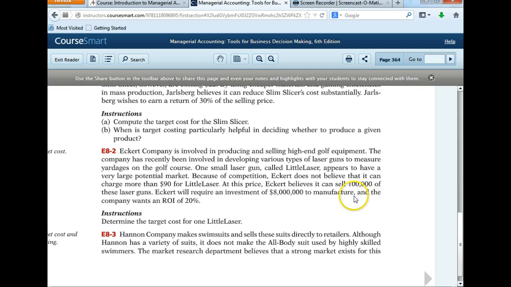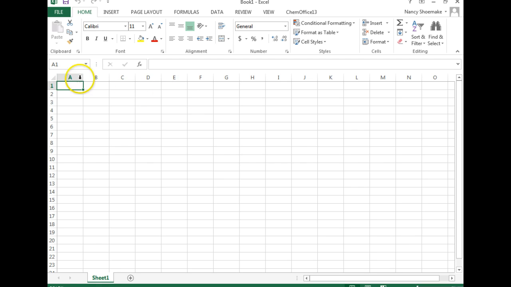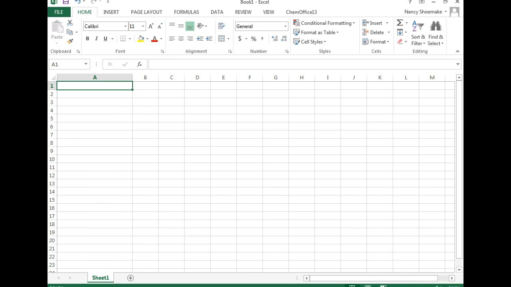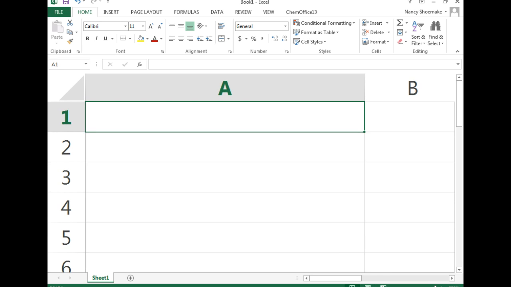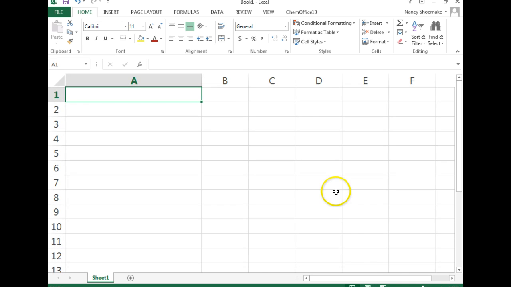So it wants a return of 20% of the $8 million. And it believes it can sell 100,000 of these, right? It doesn't think it can charge more than $90. So how are we going to calculate the target cost for this Little Laser?